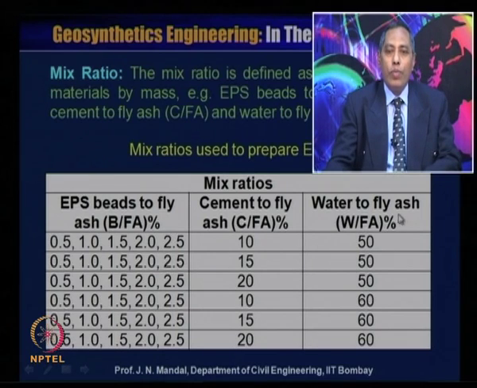And this is the water to fly ash percentage. So, water is 500 ml and fly ash is 1000 gram. So, 500 by 1000 into 100 gives 50 percent. In all these cases, we have taken 50 percent and later on 60 percent water to fly ash ratio.